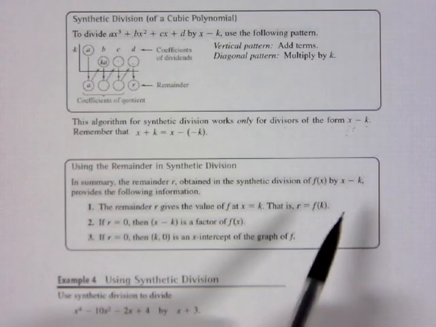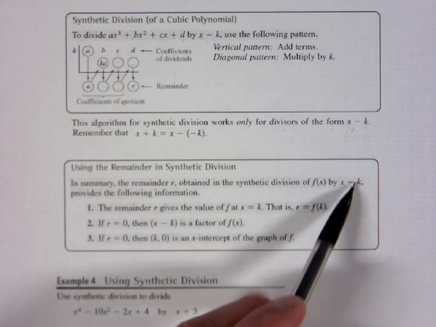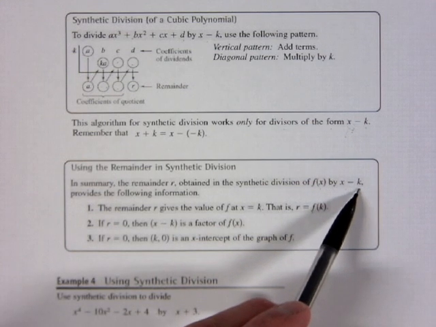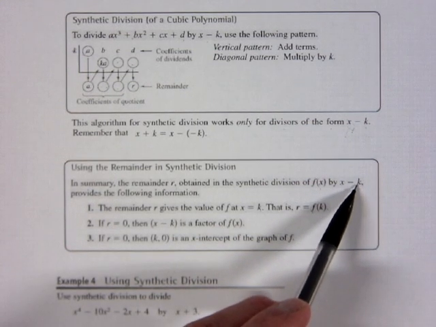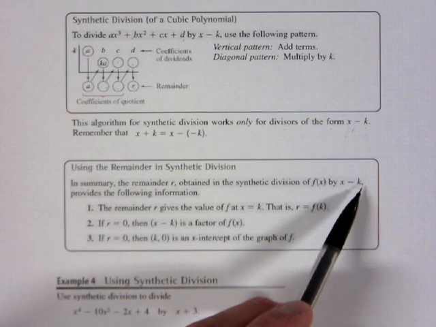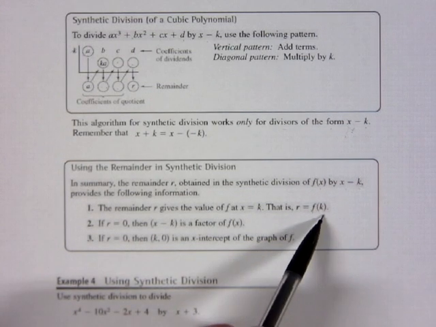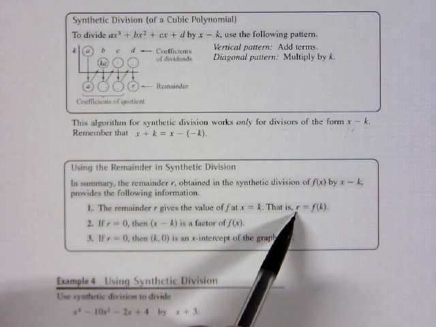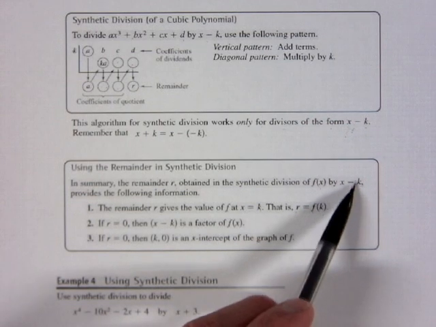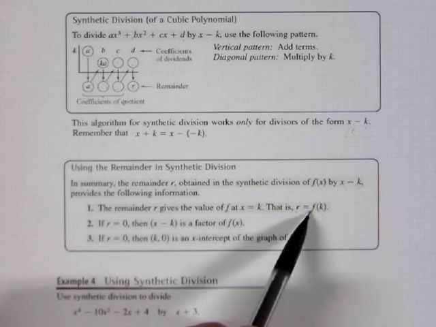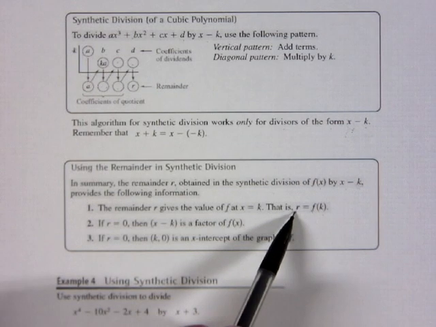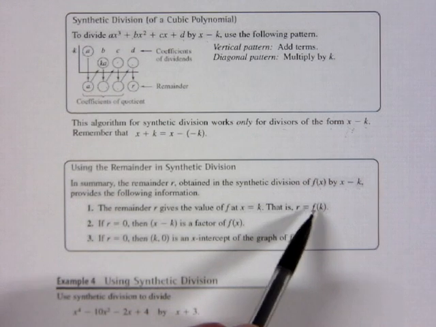So if I plug k into the function, then it would give me the remainder when you divide it out. That's what that means.